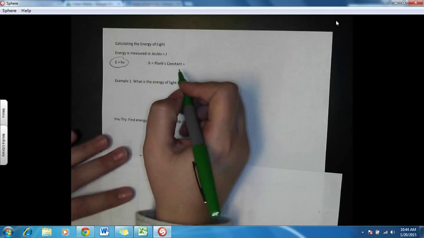So next we're going to look at calculating energy. We calculate energy using a different equation. Energy is equal to Planck's constant, which you won't find in your reference packets because this is our step up for honors.